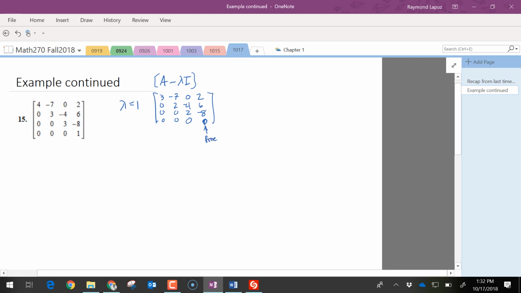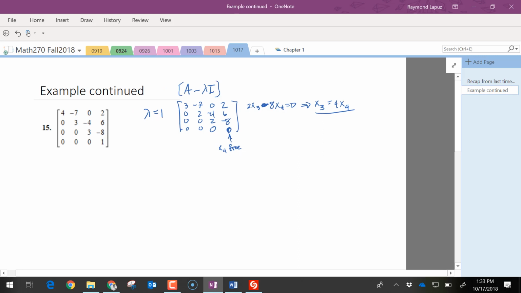x4 is free, so x3 is equal to... well, let's see, 2x3 minus 8x4 is equal to 0. Bring the 8x4 to the other side, and divide by 2, so x3 is 4x4. All right.